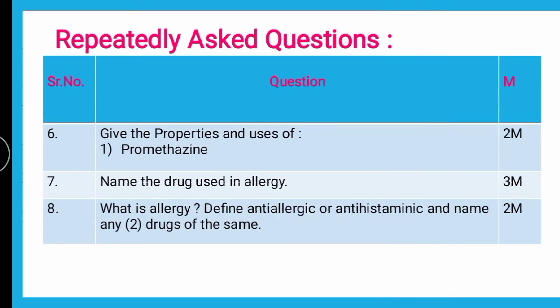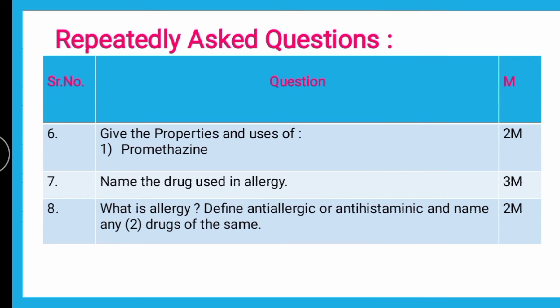Next question is, give the properties and uses of promethazine. For promethazine uses, we have already discussed that it has multiple uses, whereas as far as the property is concerned, it is a white to pale yellow crystalline powder which is soluble in water and also soluble in organic solvents, but it is very sensitive to heat and light.